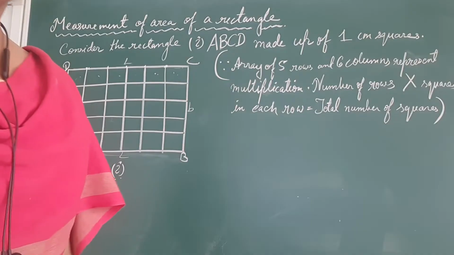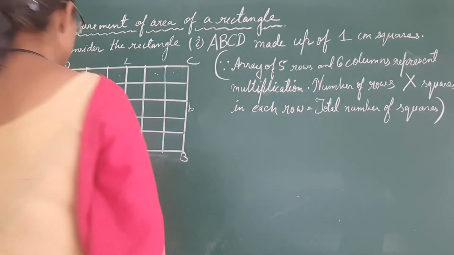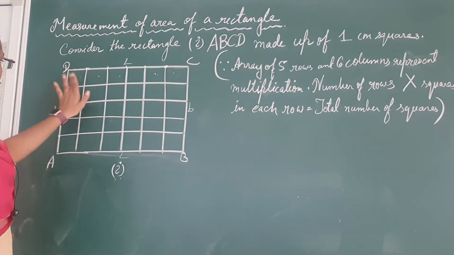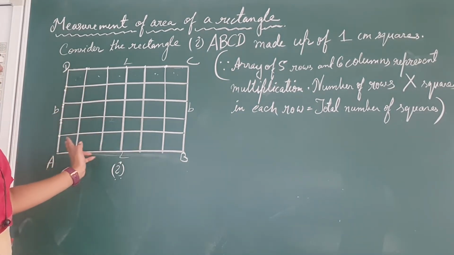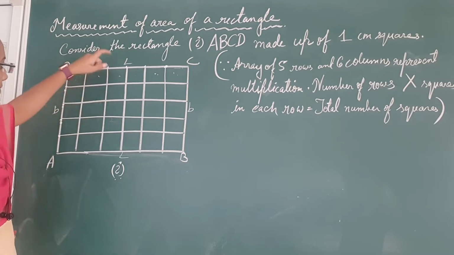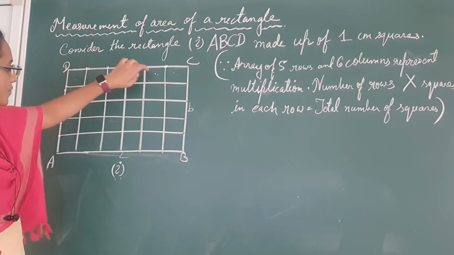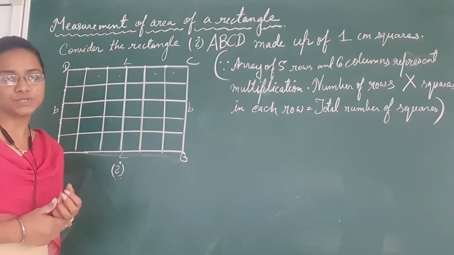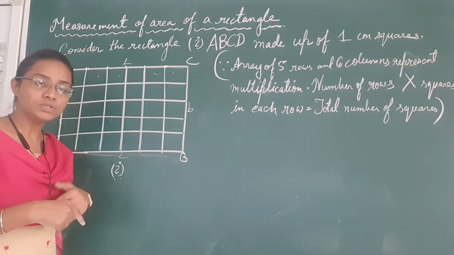Okay, so you can see here the array of 5 rows and 6 columns: 1, 2, 3, 4, 5, 6. The 6 columns represent multiplication. How will you do the multiplication?